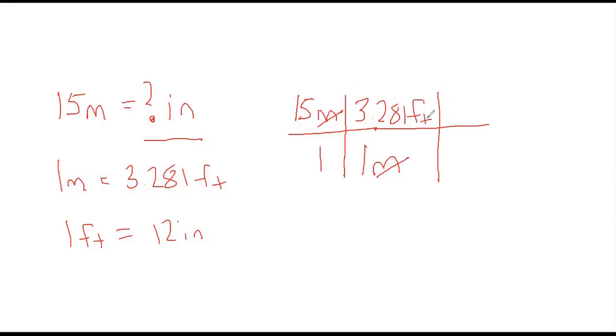Now I'm left with feet. I want to get it into inches. So I do another division, get rid of feet, and I have 12 inches. Now I'm going to take everything on the top and multiply it together and divide by everything on the bottom. So essentially my answer is going to be 15 times 3.281 times 12.